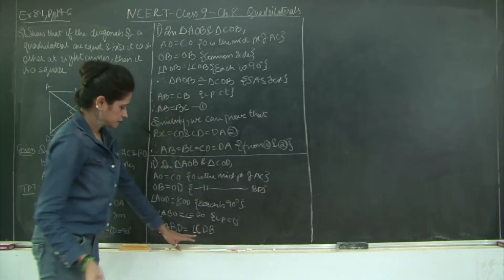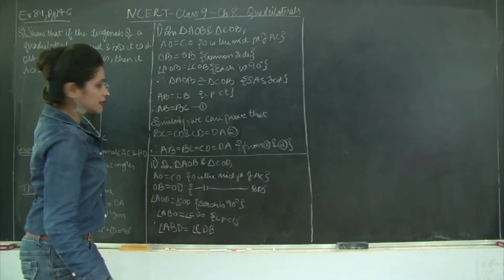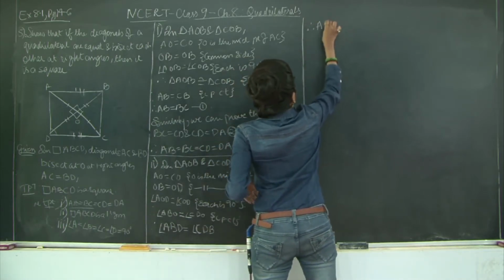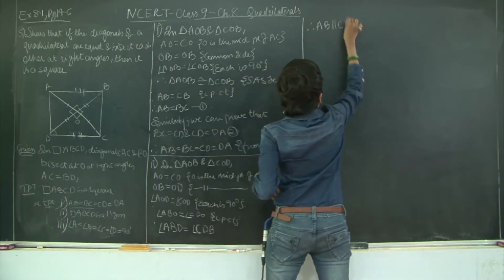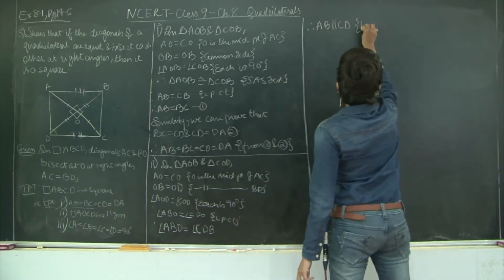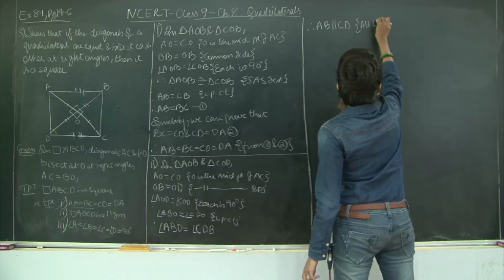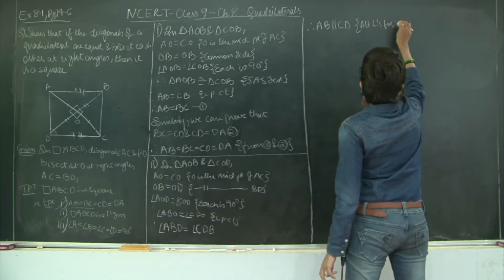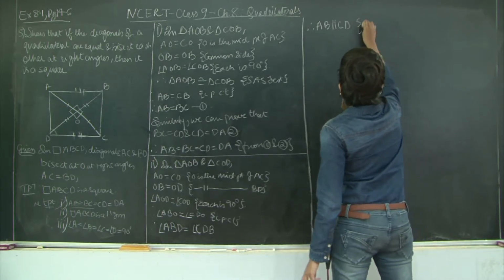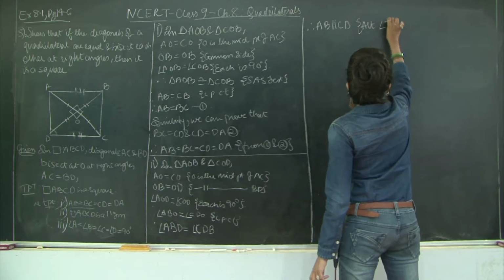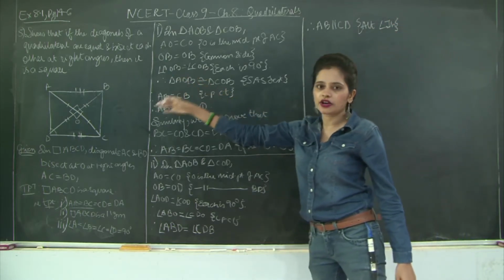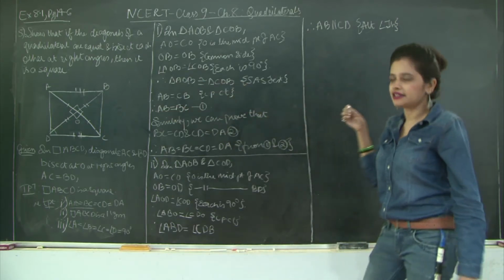So now, therefore, what can I say? That AB is parallel to CD, because these are a pair of alternate angles. I'll say alternate angle theorem, because you can see that these two are a pair of alternate angles for lines AB and CD.